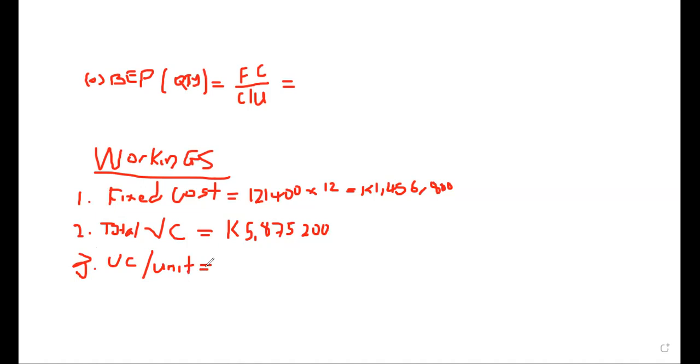So how do we find the variable cost per unit? Let's go to the question again. First of all, we need to identify the quantity that we are selling, or the quantity that is causing these variable manufacturing costs.